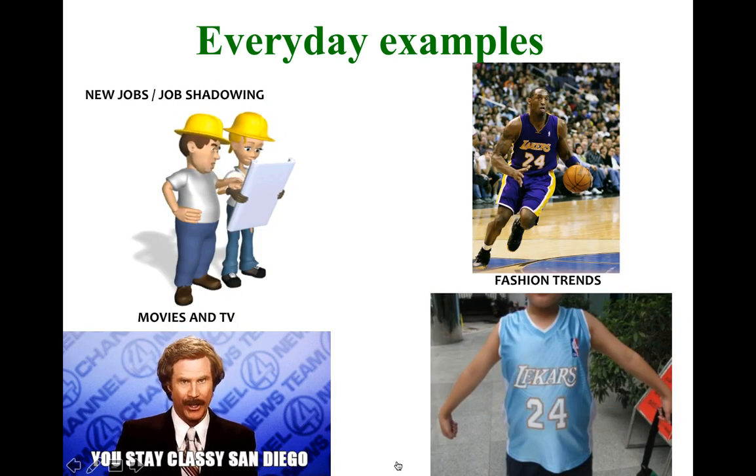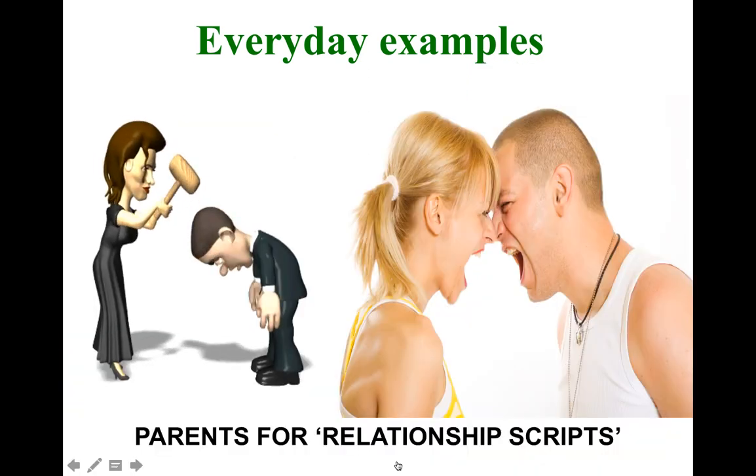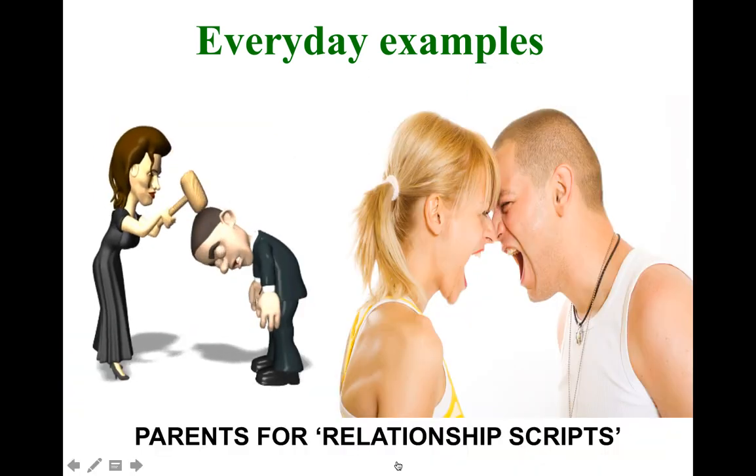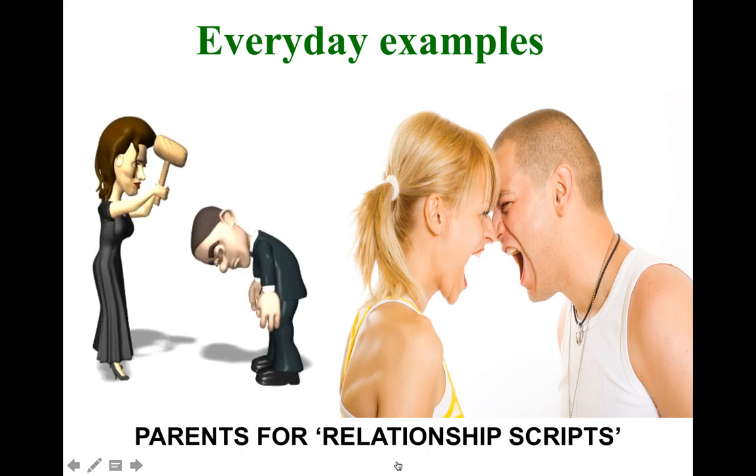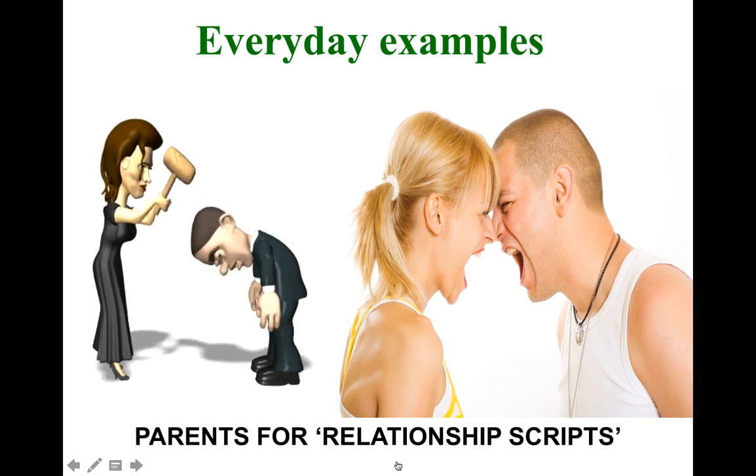Other examples of observational learning or vicarious learning, remember those terms are synonymous, they mean the same thing. When we're in a new job, we'll job shadow. We'll observe the person we are shadowing so we can learn the routine and the expectations of the job. Observational learning also happens through movies and TV, and through fashion trends. We experience observational learning from our parents for relationship scripts.